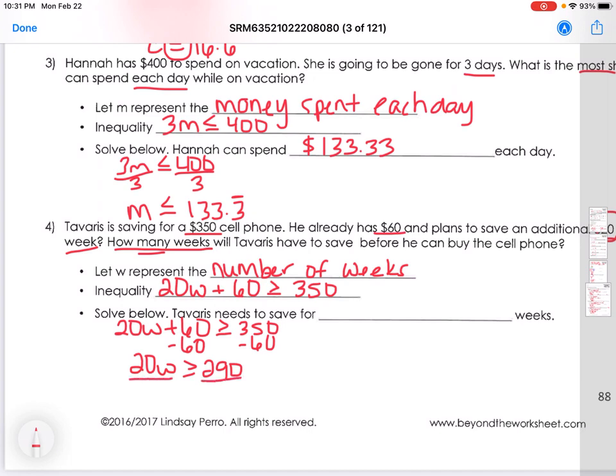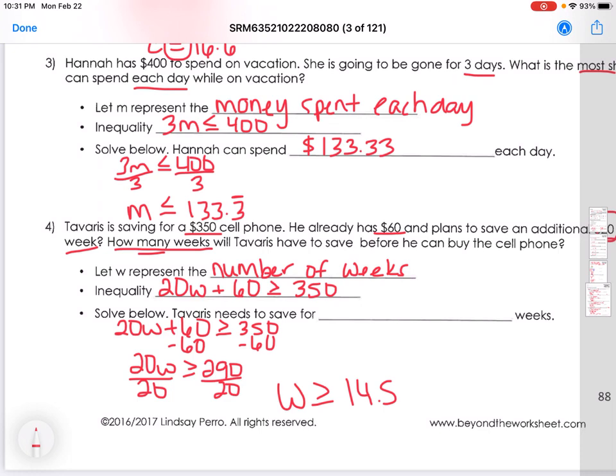Then I can divide both sides by 20. So that gives me W is greater than or equal to 290 divided by 20, which tells me that the number of weeks that Tavares needs to save is greater than or equal to 14 and a half weeks.